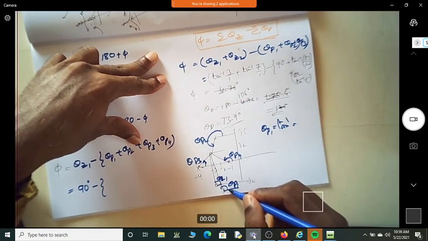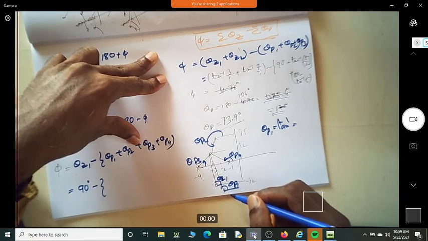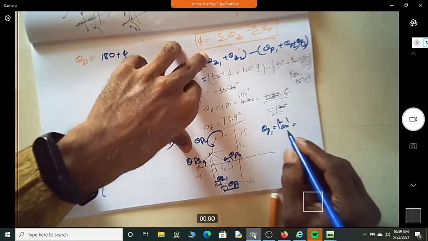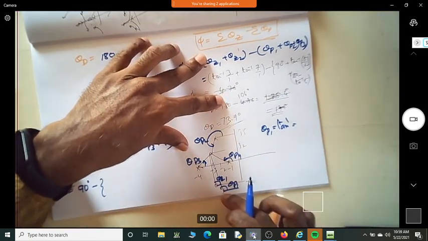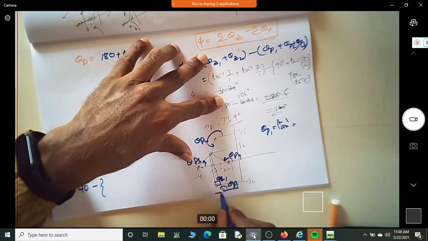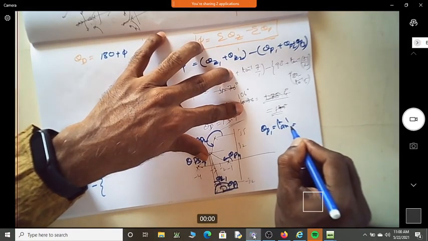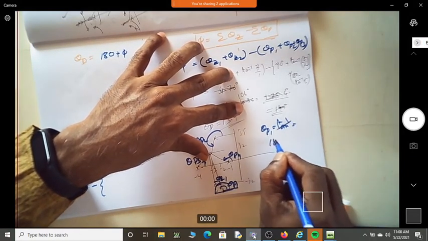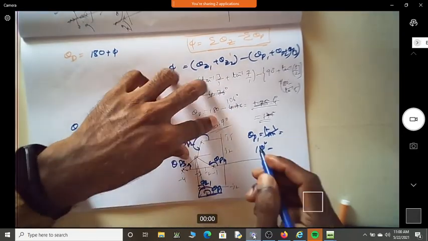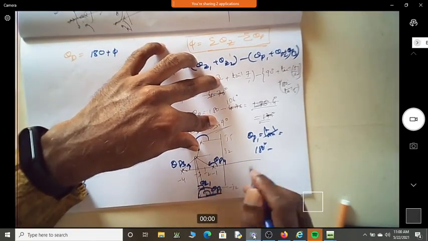You take 180 minus this angle. So it's actually 180 degrees minus tan inverse of this. The height is how much?